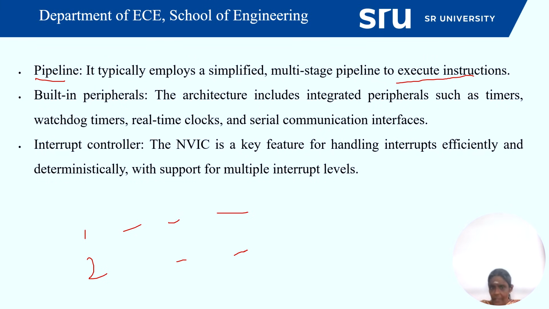So next, the second stage, third stage. Suppose we have three instructions. We can start the first stage of the third instruction here, because it is the third stage of the first instruction, the second stage of the second instruction, and the first stage of the third instruction.